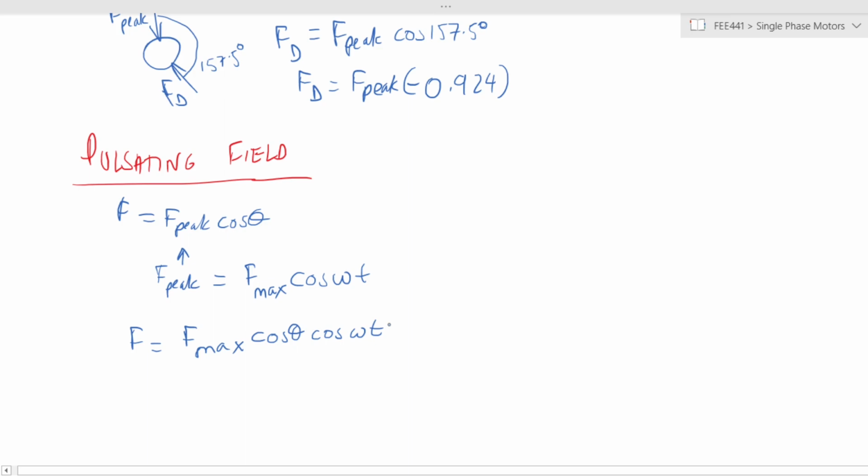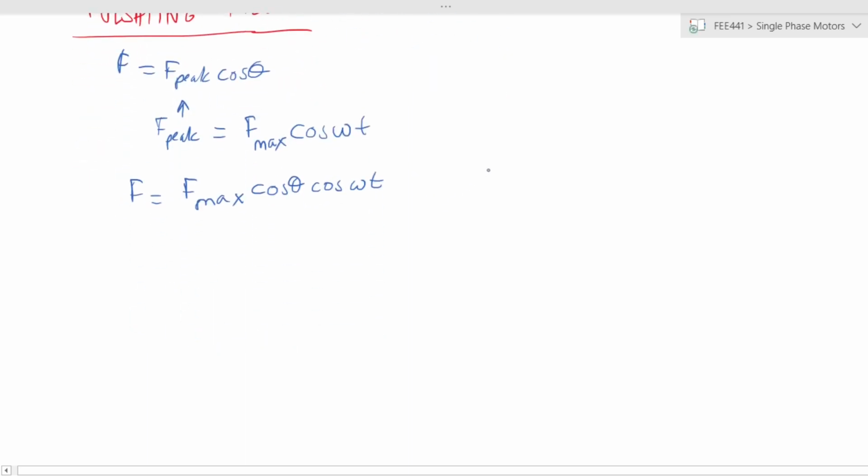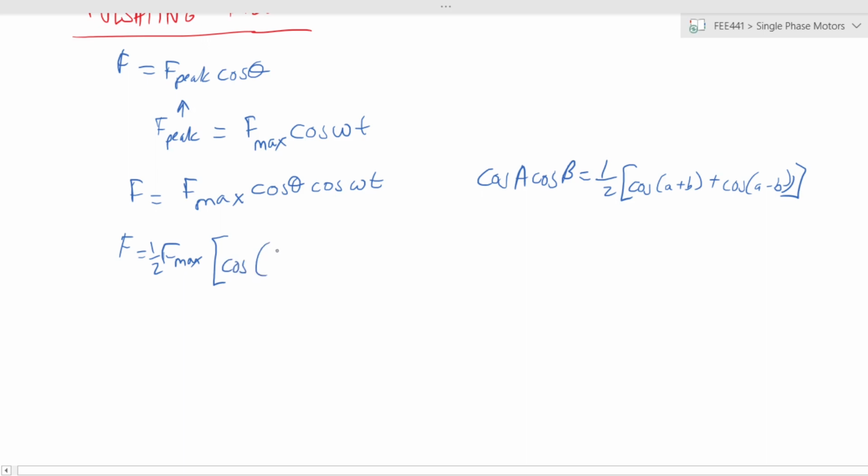Okay. But if we remember our trigonometry, we used to say that cos A cos B is equal to a half times cos A plus B plus cos A minus B. Now, if we use this identity, we will end up with F is equal to F max times a half into cosine theta minus omega t plus cosine theta plus omega t.